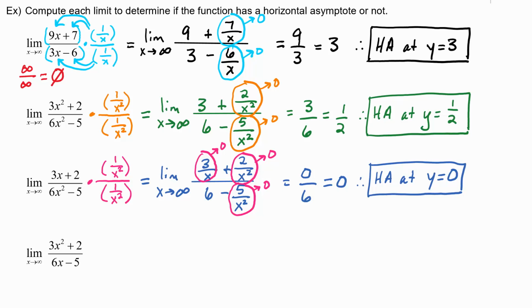Now in this last example, we have the limit as x goes to infinity of 3x squared plus 2 over 6x minus 5. So we're going to multiply by 1, and remember the recommendation is use the largest exponent that appears in the denominator. So we're going to multiply by 1 over x over 1 over x.